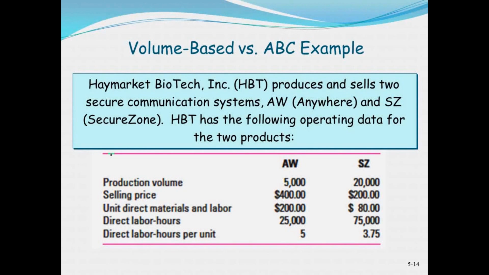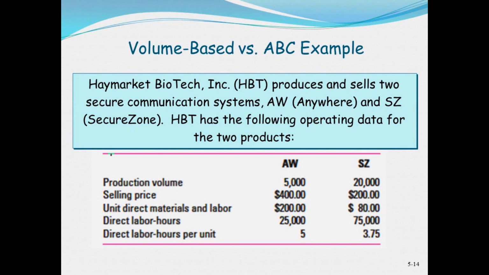This comes from our textbook. HBT sells two products, AW and SZ, and they have this as some of the basic sales information for each of those products.